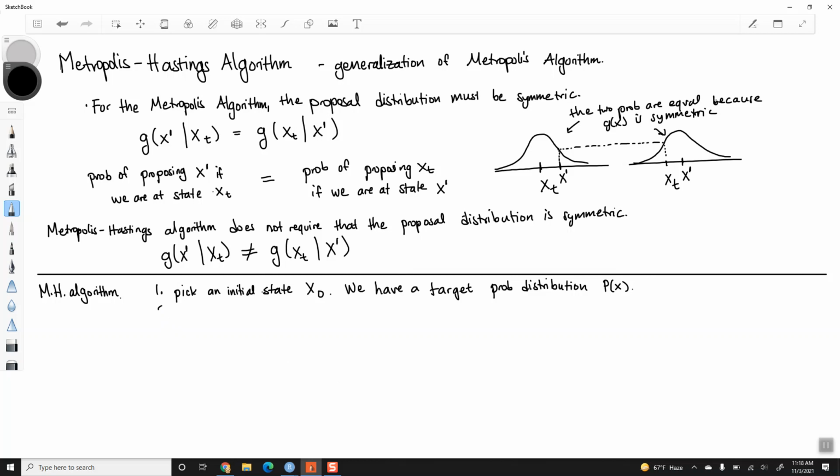And then we iterate. Okay. So step 2a, we will propose a candidate location, candidate state, x prime, coming from g of x prime given xt, okay, based on current state x.